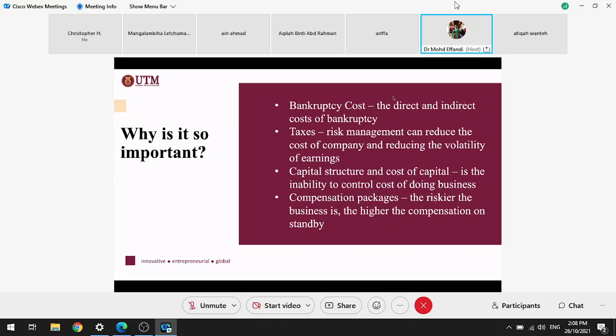Common shareholders, or common stockholders, are the last to receive any money if the company still has a certain amount of money to be dispersed among the shareholders. But normally, the shareholders won't get anything.